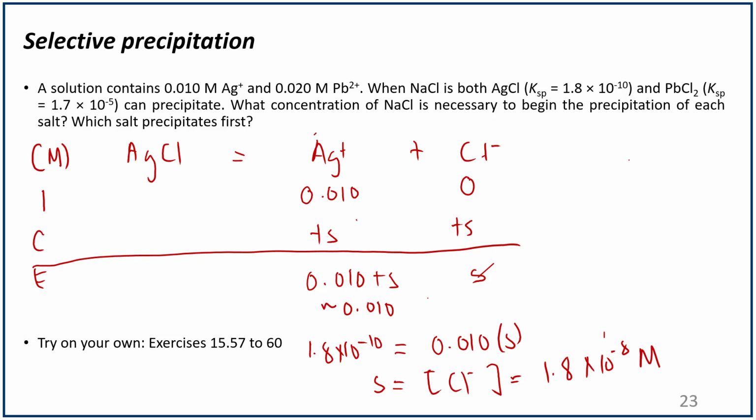So this just means that a little bit over 1.8 times 10 to the negative 8 molar chloride, meaning again a little bit over it, will cause the precipitation of silver chloride in solution. Okay, so that's a tiny amount, by the way.